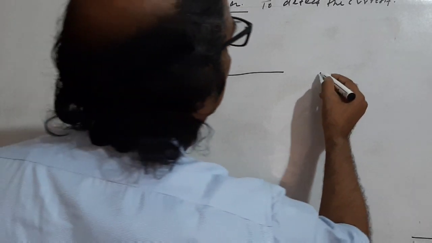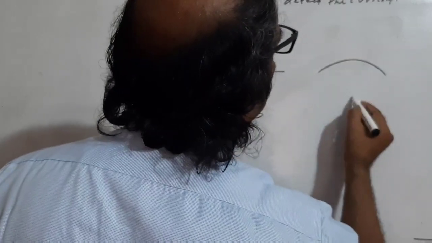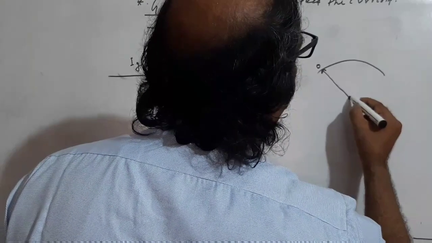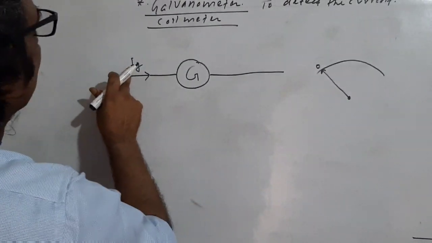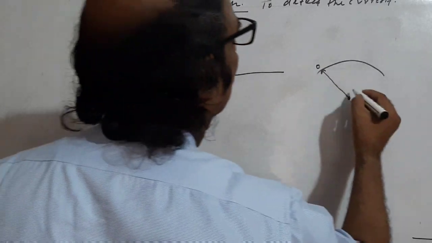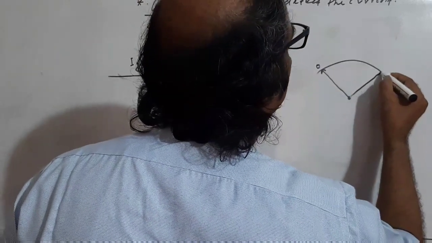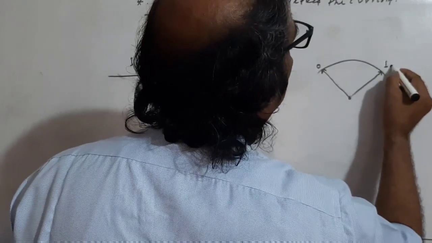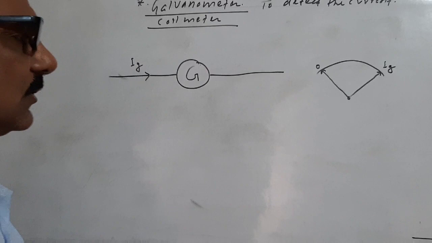Full deflection means the pointer is at 0, and when the current Ig passes through the galvanometer, the pointer is deflected to this point, which is the indication of the current Ig.